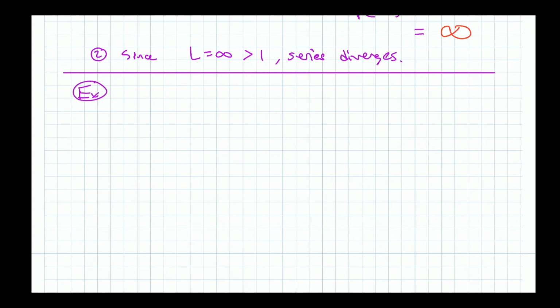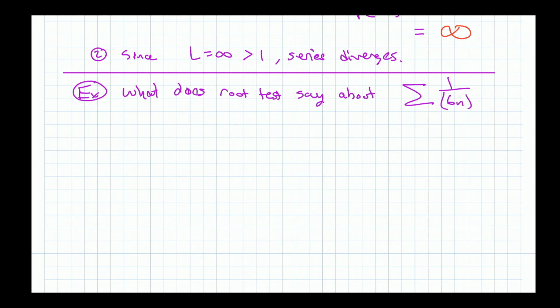Same thing. What does the root test say about this 1 over n to the 6th? All right. Now, this is n to the 6th. That's not an exponential.